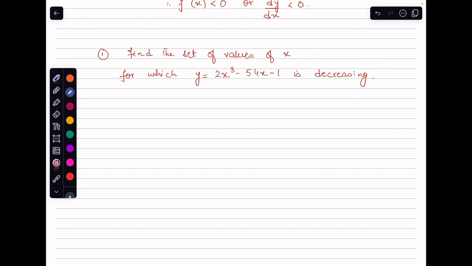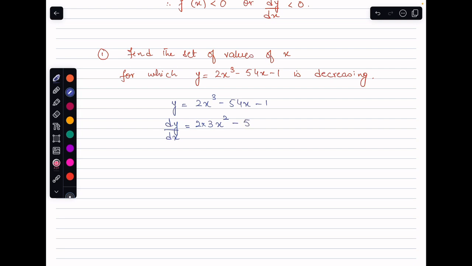So if y is equal to 2x cubed minus 54x minus 1, then my dy by dx here shall be equal to 2 times 3x to the power 3 minus 1, so I'll be left with 6x squared.